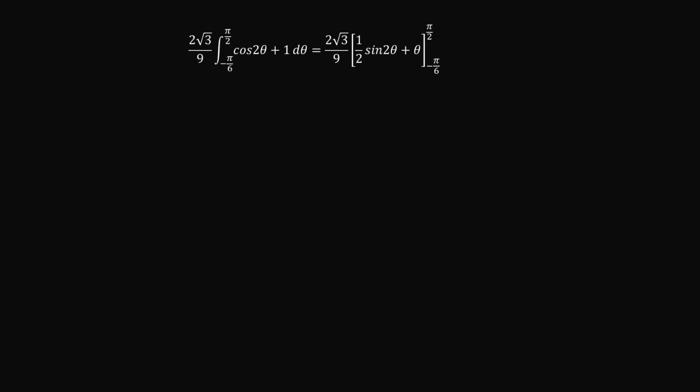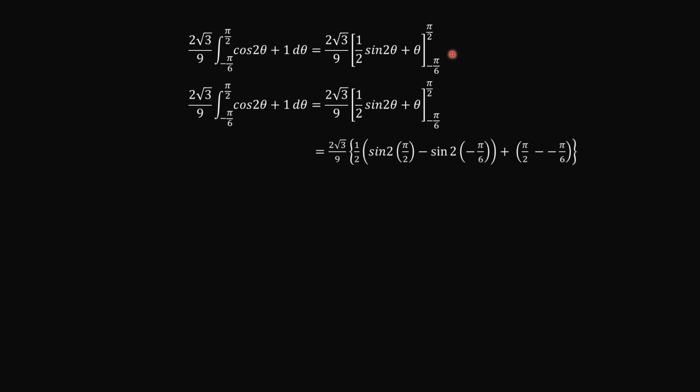So when we integrate this further, we get 2 times root 3 over 9, half of sine 2 theta plus theta, from minus pi over 6 to pi over 2, which is the same as 2 times root 3 over 9, half of sine 2 theta at pi over 2 minus sine 2 times minus pi over 6, plus pi over 2 minus minus pi over 6.